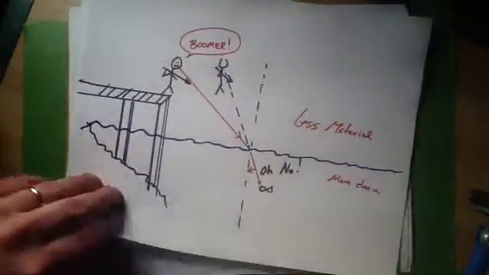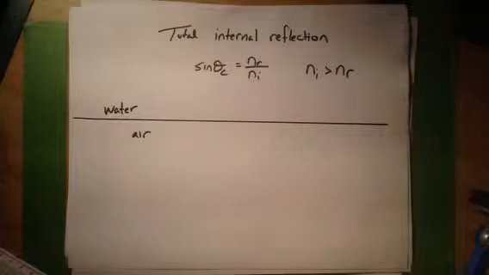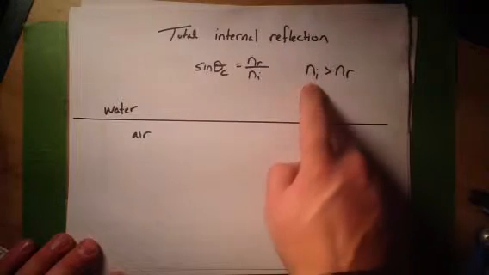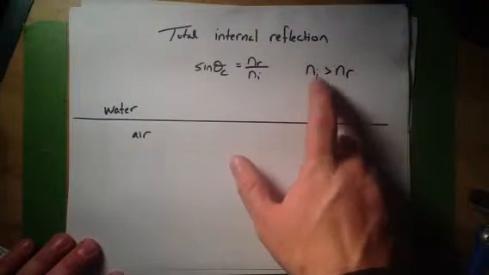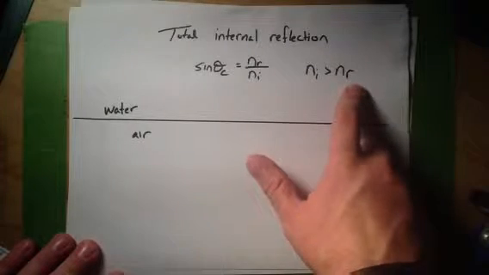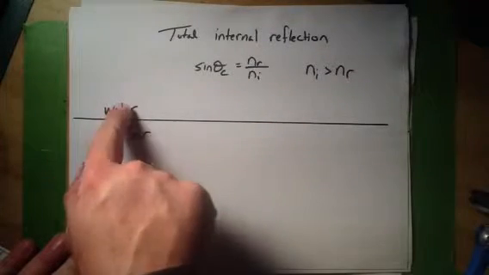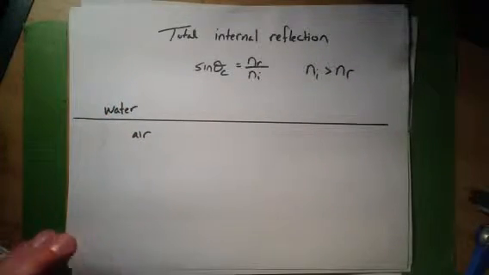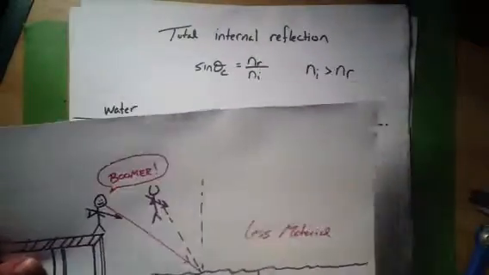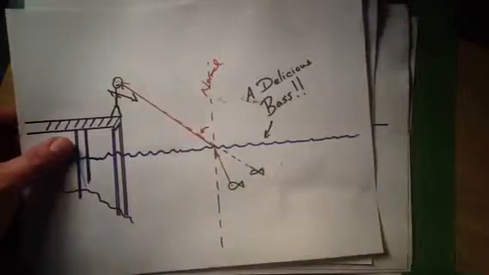Okay? All right. Another phenomenon that happens with this is called total internal reflection. With total internal reflection, the thing about that is that if you have a material where the index of refraction is greater for the incidental material than it is the refracted material. Example, you're going from water into air, like this one, water into air.